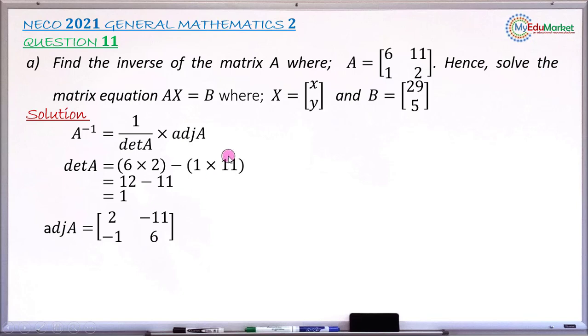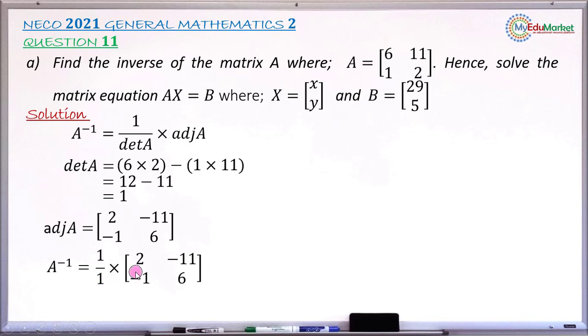So now go back to the formula for finding the inverse and substitute. You have the determinant as 1 and the adjoint matrix as this matrix. So you now have A inverse equals 1 over 1 multiplied by the adjoint matrix, which has 2, minus 11 as the elements in the first row, minus 1 and 6 as the elements in the second row. 1 divided by 1 gives 1.